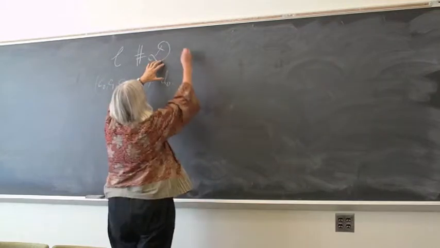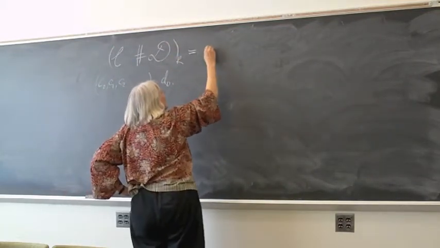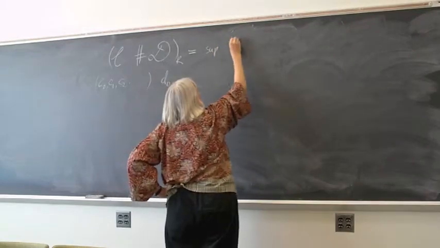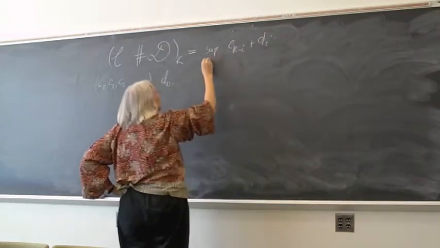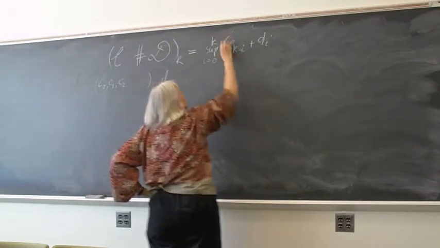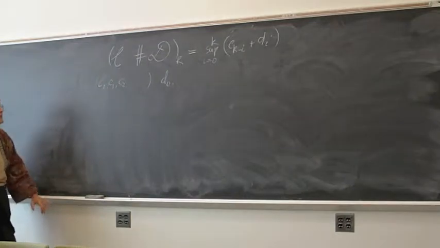And what you do here is you say that the kth element of this is the supremum of c_{k-i} plus d_i for i going from 0 up to k. So that's a way of taking two of these things and combining them.